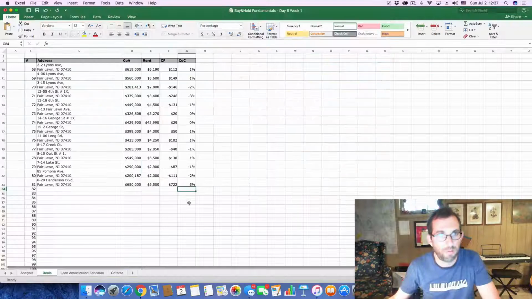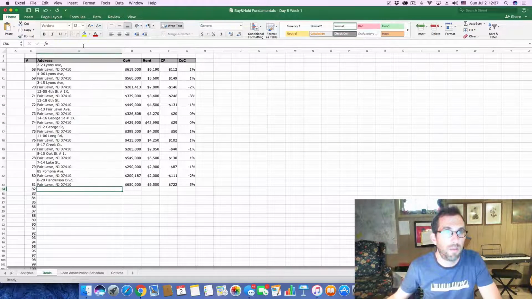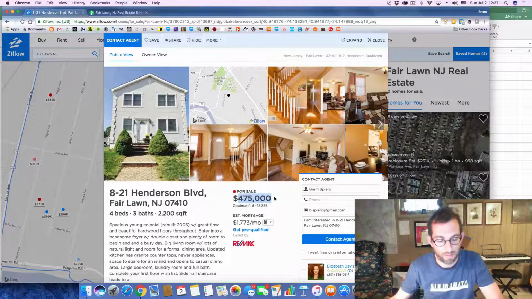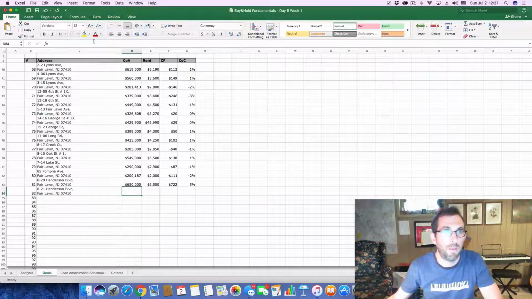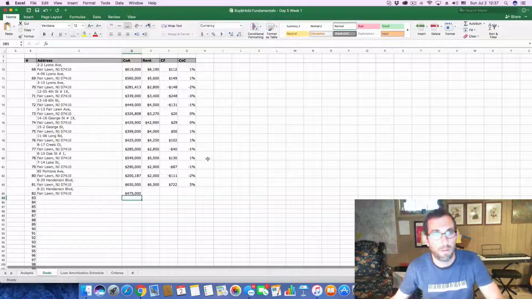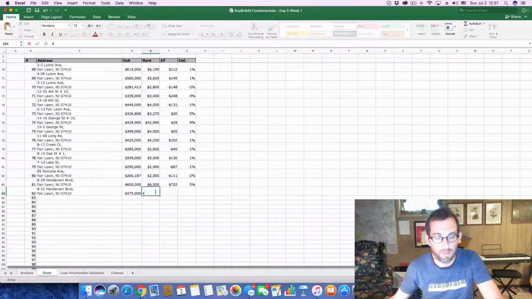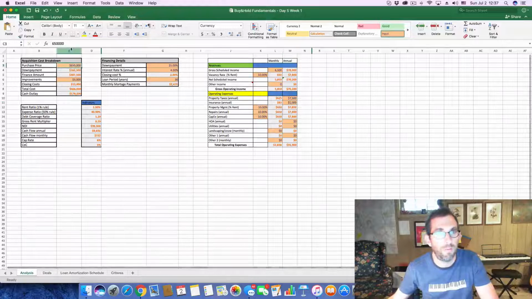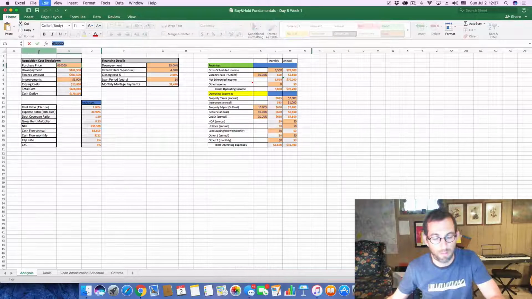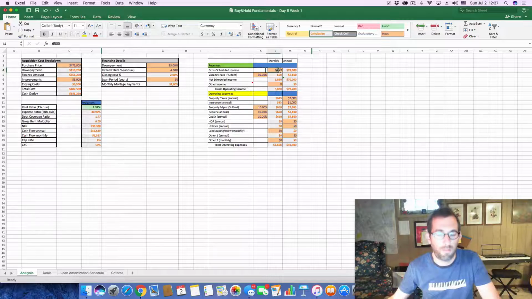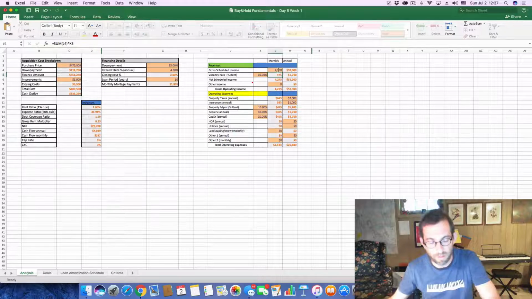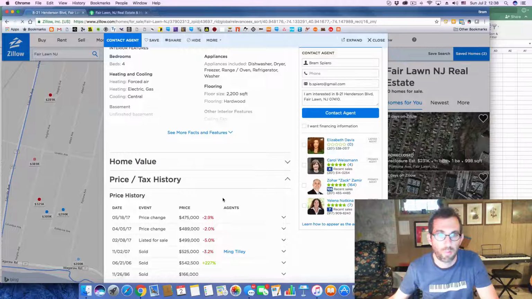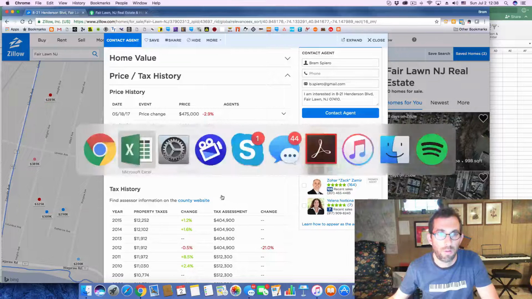Again, grab the address. Stick that in our sheet. Grab the price. Okay. Stick that in there. Assume 1% in rent. 4,750. Go back, check the taxes. 12.25.